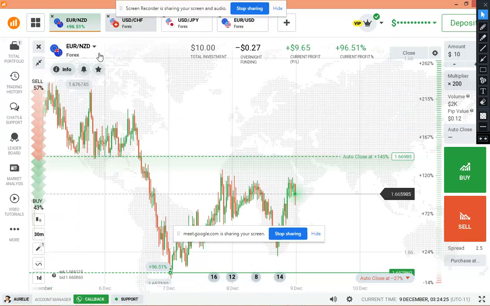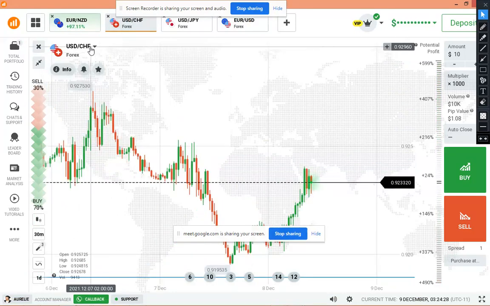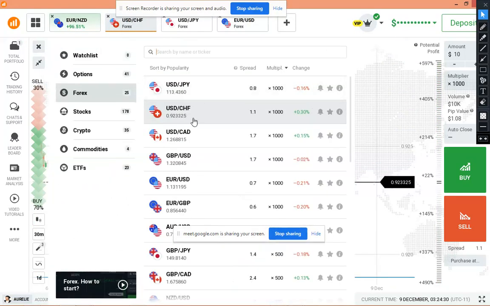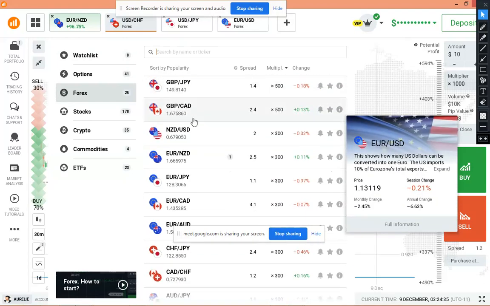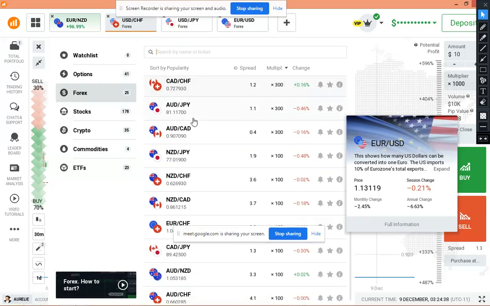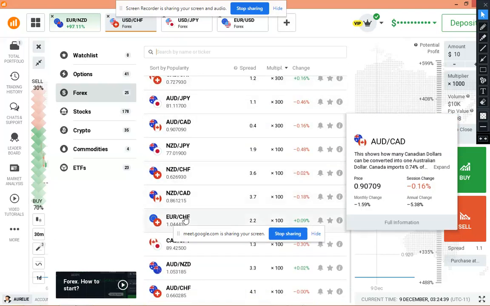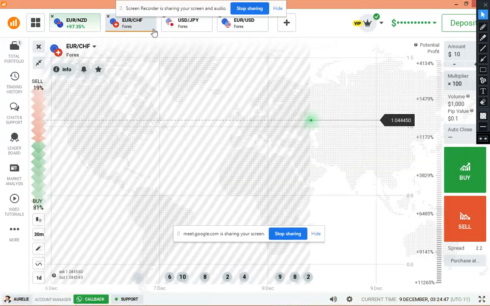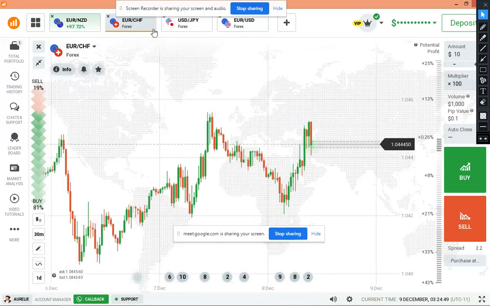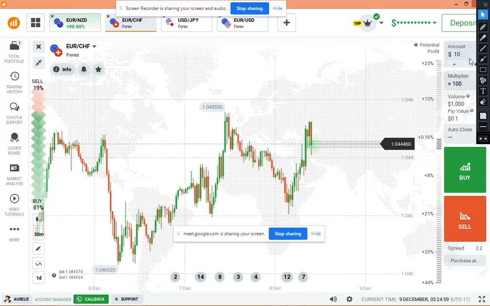So let me go back and check if there's any news on this currency. Okay, there is, but the multiplier is too low.